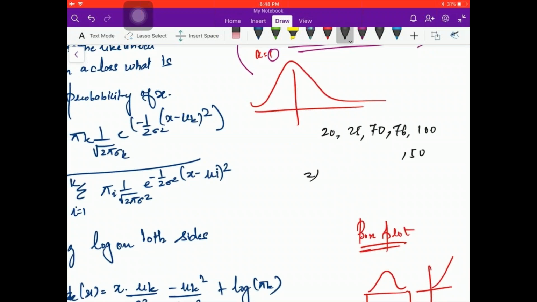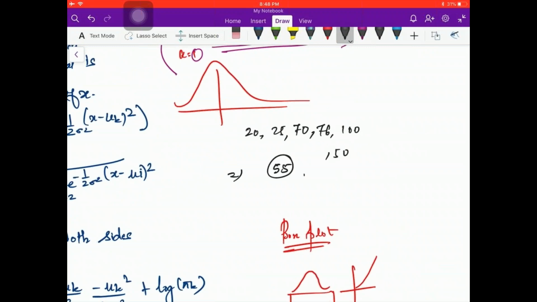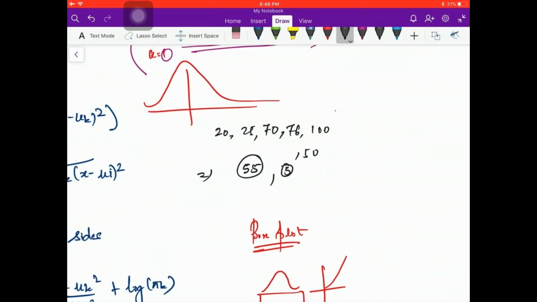Let's say what is the mean? The mean is, let's say, somewhere around 55. Then what is the standard deviation? Let's say it's 5. Now I tell you what is the probability of me seeing 27 in this data. Can we find out directly? You cannot find out directly, right? Because there's no 27 in the data. Even if I asked you 25, you still could not tell me the probability as such, right?